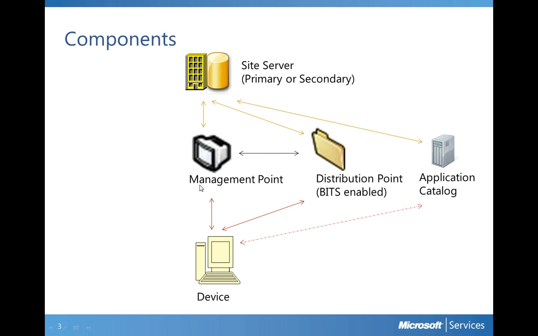So when the management point hears from the device that it's looking for policy updates, the management point in turn runs a query against the database to find out if there are any policy updates. If there are, then it will get a list of those and funnel that on back to the device. Okay, so understand that one point, right?